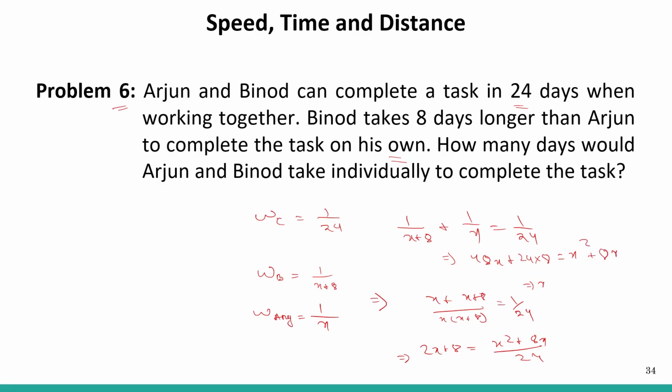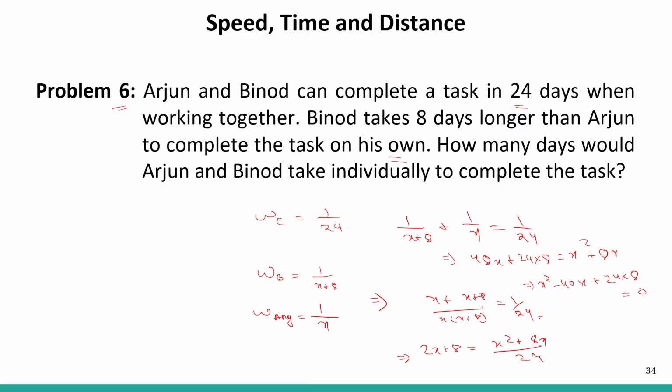So x square minus 40x plus 24 into 8 is equal to 0. Solving this quadratic equation, we get some x value, which will be the amount of time that Arjun takes to complete the task.